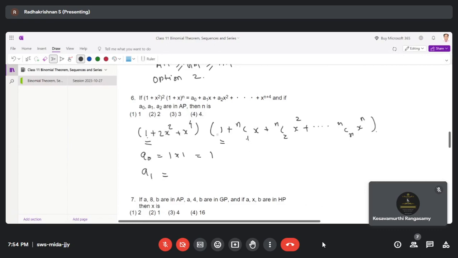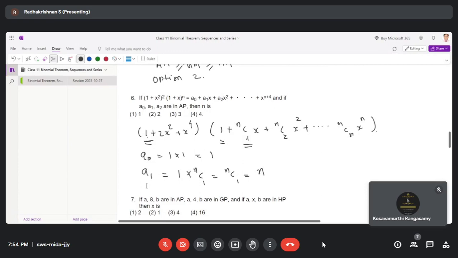All others give x^2, x^4 and so on. So the coefficient of x will come only from this product of 1 and nC1. We know nC1 is equal to n. So we know that A1 equals n.